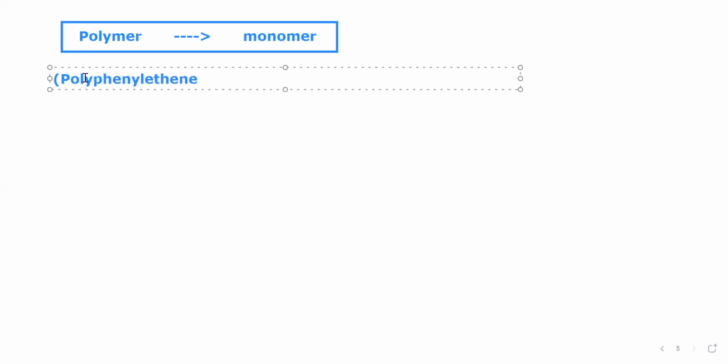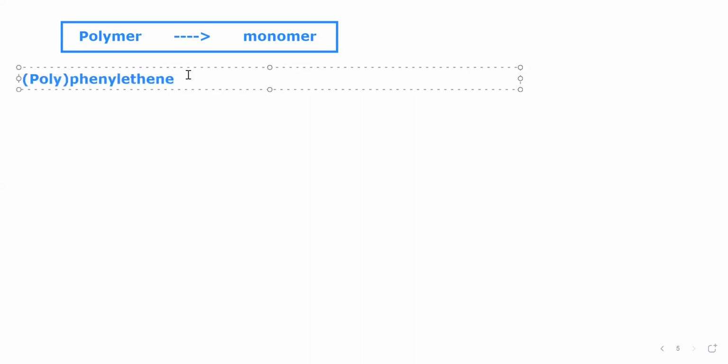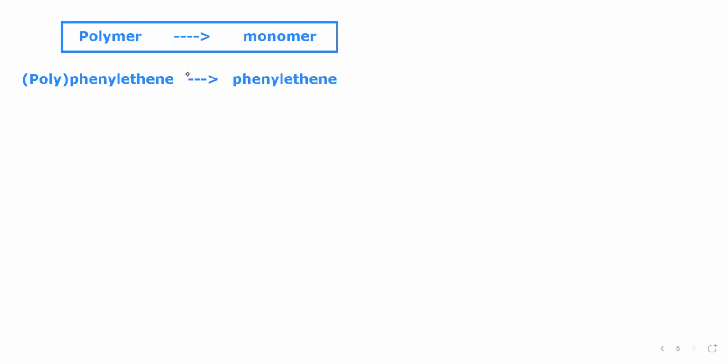So of course, the monomer of it is going to be phenylethene, right? So the monomer is going to be phenylethene.